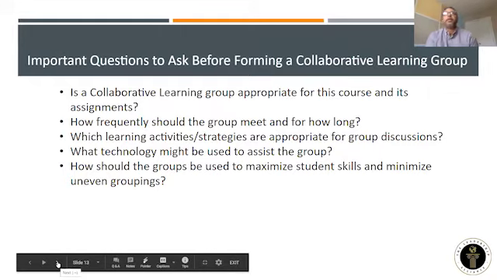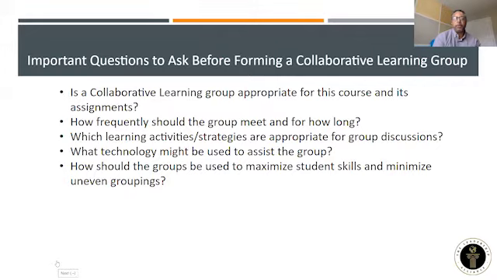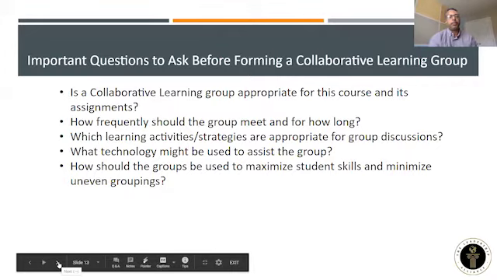I like to think that those classes that require a large amount of conceptual understanding or problem solving are the ones that lend themselves to collaborative group formation. You should also ask how frequently the group should meet and what you will do when you are part of these groups.